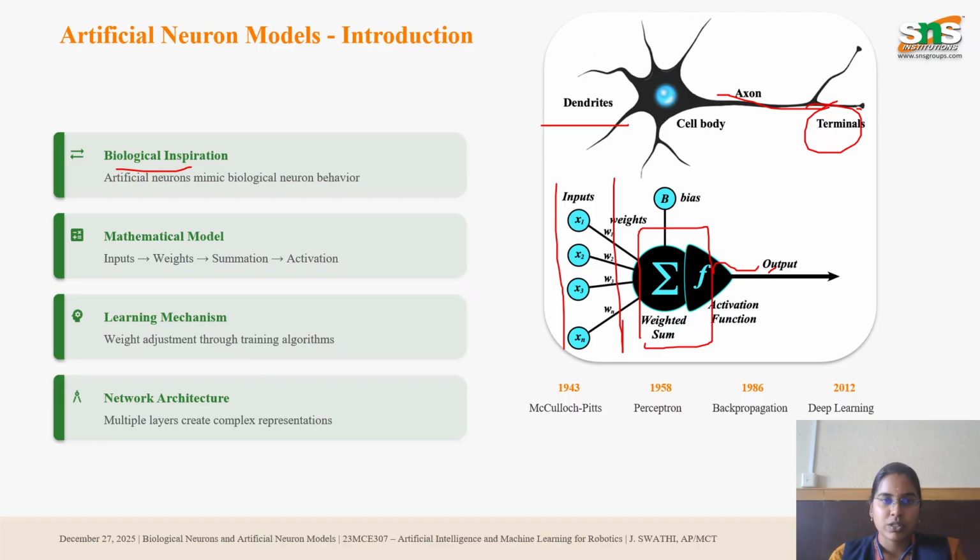The biological inspiration is that the artificial neuron mimics the real biological neuron behavior. The flow is from input, it calculates the weights and gives a summation, and then it goes for the activation. The learning mechanism is weight adjustment through the training algorithm, so depending upon this weight it calculates the path. The network architecture has multiple layers, from a single weight to multiple weights, from x1 to xn.